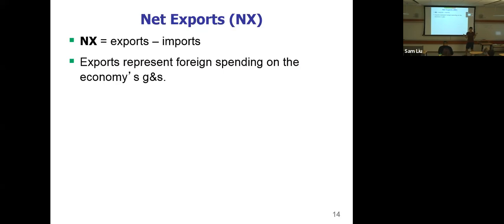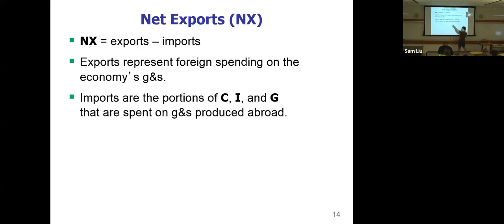Because we shouldn't subtract away from GDP because it's not like we destroyed an iPhone. We also shouldn't add to our GDP because we didn't make it. So if China makes it, their GDP goes up, but ours remains the same, okay? But the different components will change because imports are included in consumption, investment, and government spending.